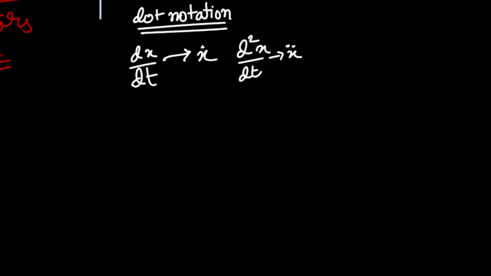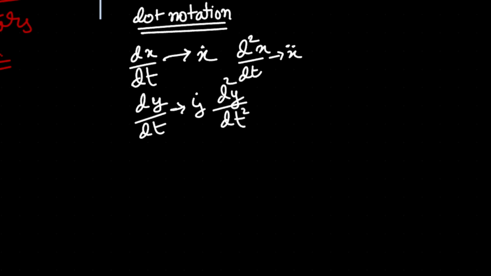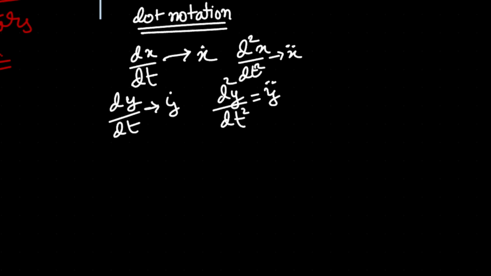And if y was changing with respect to time, then you put a dot over y. If you want the second derivative of y, no problem, you take the second derivative and put two dots. So this is the dot notation, and this is very important. If you want to do some rigorous mathematical derivations, then you will have to encounter this dot notation.